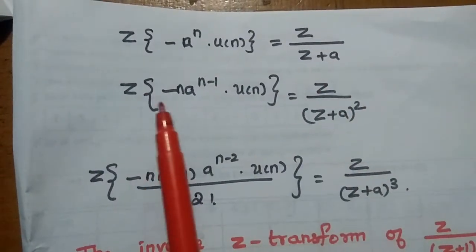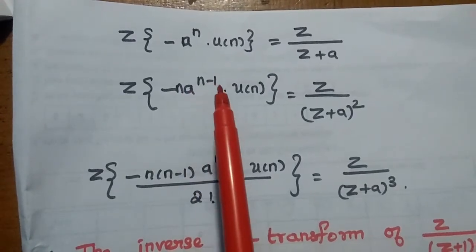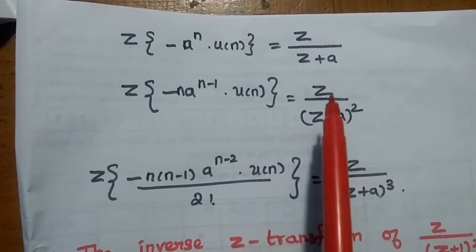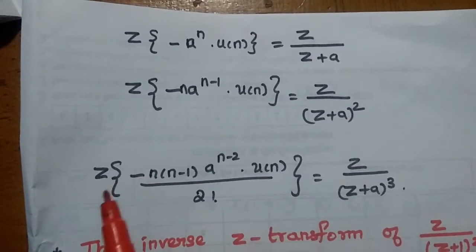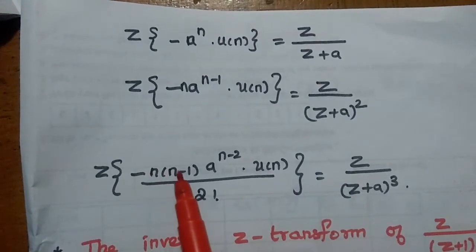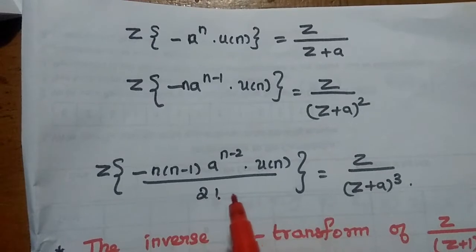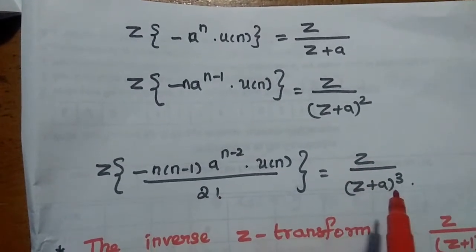In case of minus n into a power n minus 1 into u of n, the Z transform of this is z divided by z plus a the whole square. Likewise, Z transform of minus n into n minus 1 a power n minus 2 into u of n divided by 2 factorial is z divided by z plus a the whole cube.